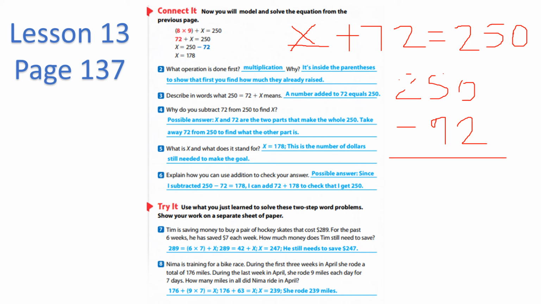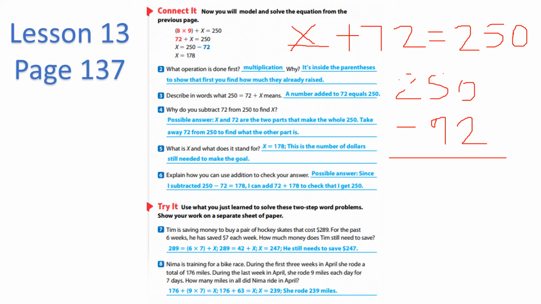We know from even first grade and second grade that we can use addition and subtraction to check our problems to solve for unknowns. So on number 6, Ready Math is telling us that since I subtracted 250 minus 72 to equal 178, I can use addition, 72 plus 178, to check that I get 250.